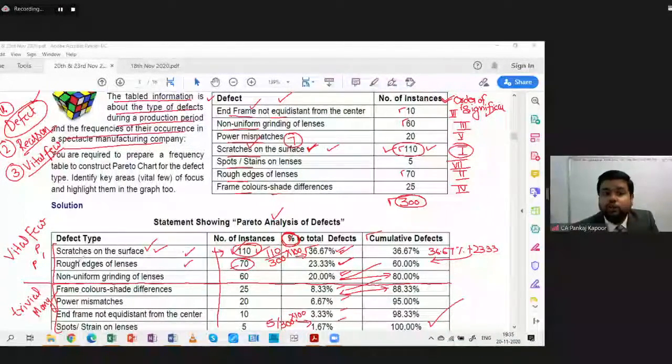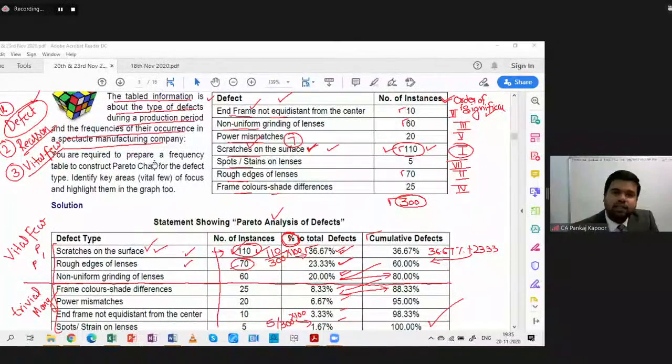We identify the area where we need to focus. So Pareto can be used as a management tool to control any problem. Pareto analysis can help the management to identify the sources on which we need to focus. By focusing on these causes, we can improve the performance.